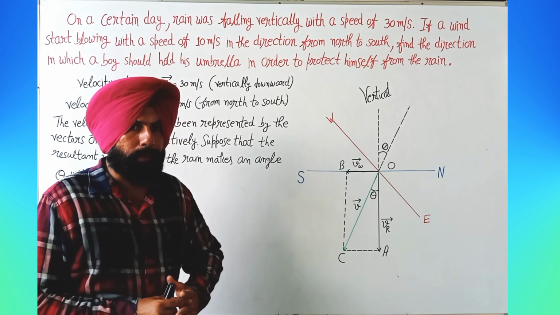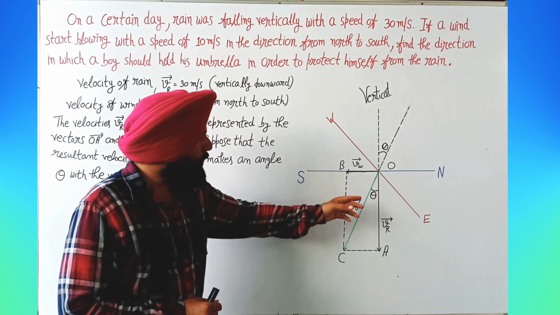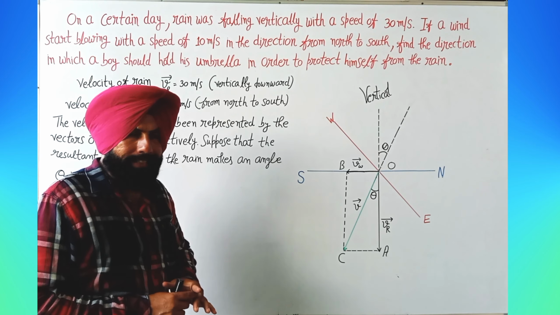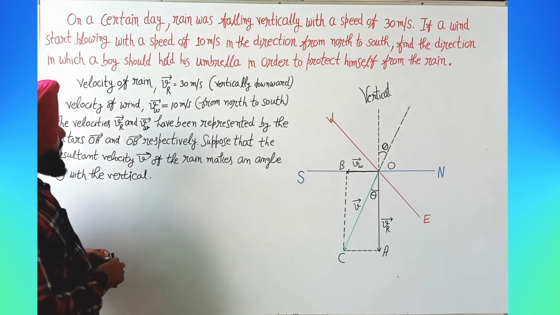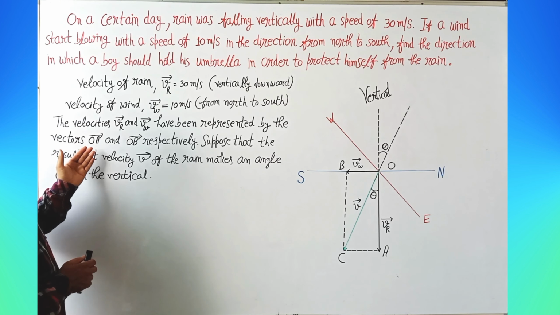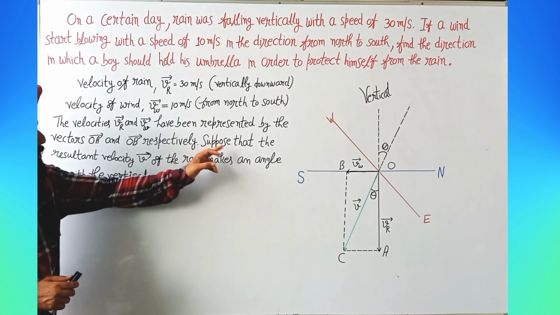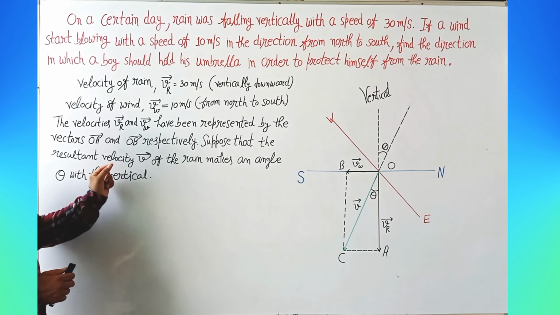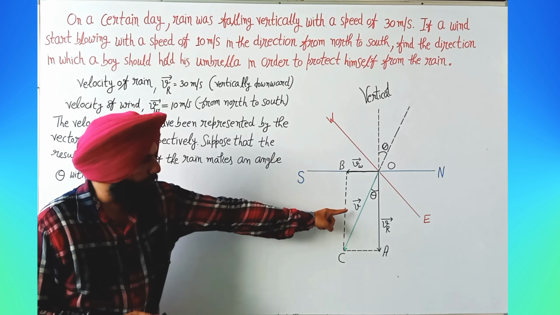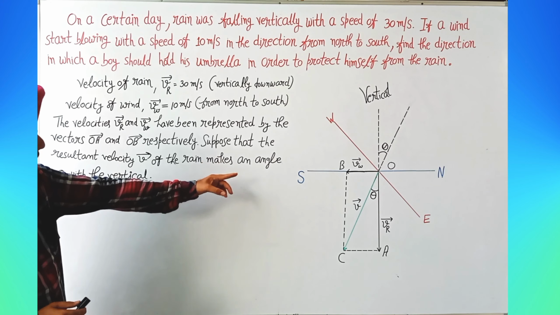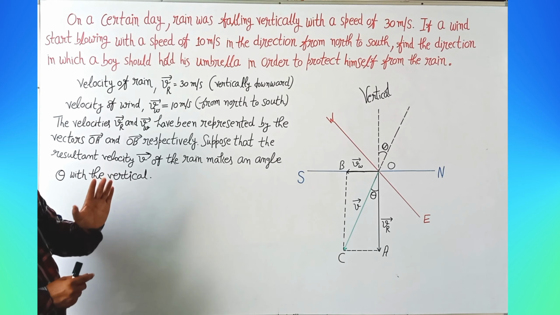OB vector represents the velocity of wind towards north to south direction. Suppose that the resultant velocity V of the rain makes an angle theta with the vertical.